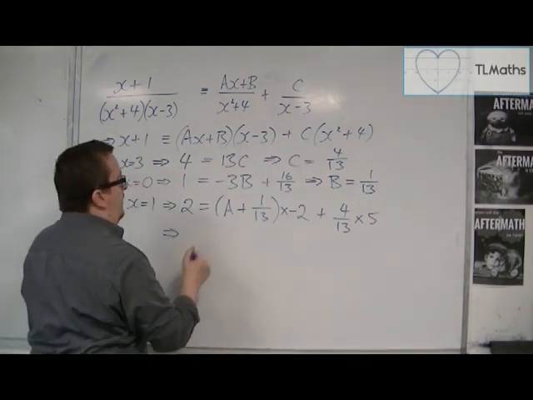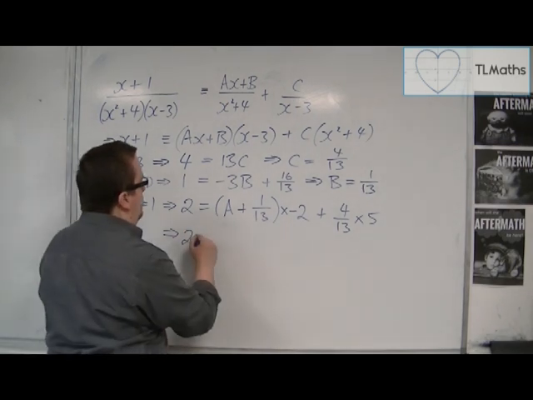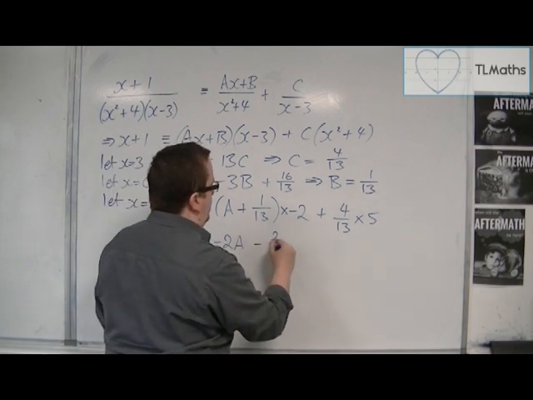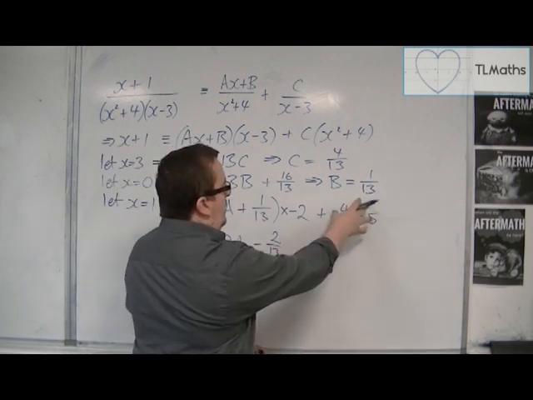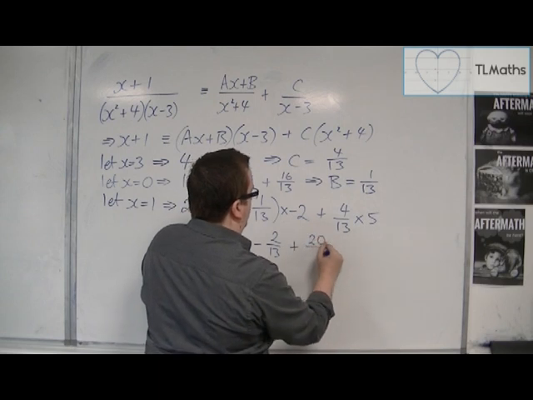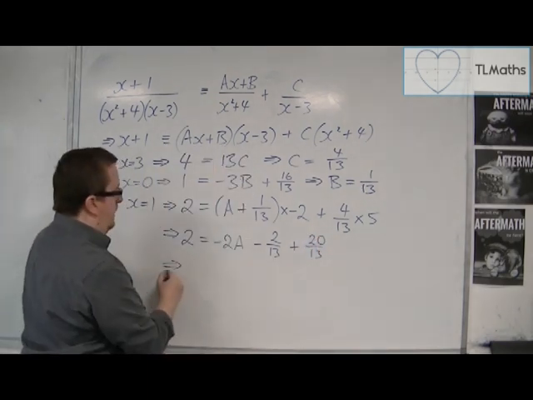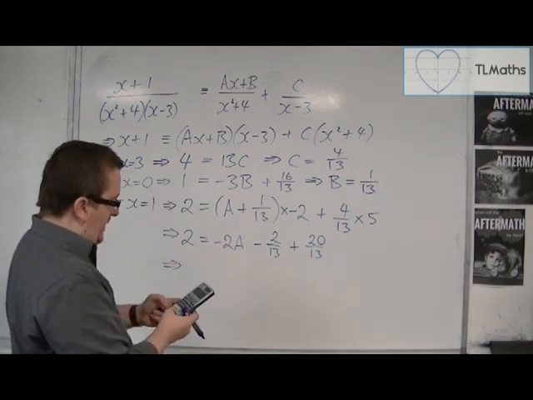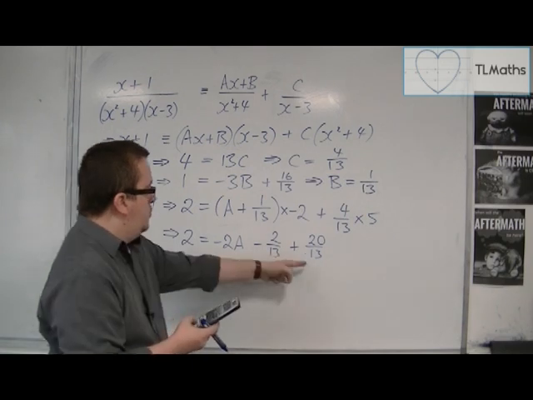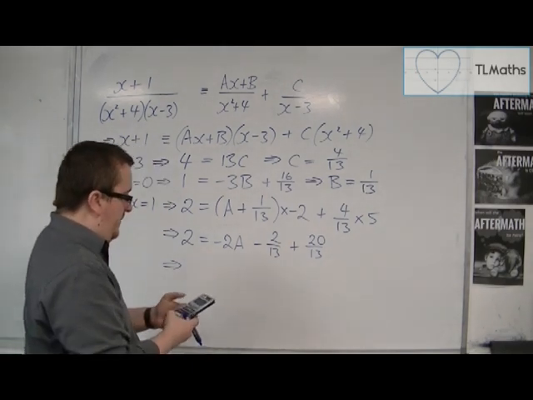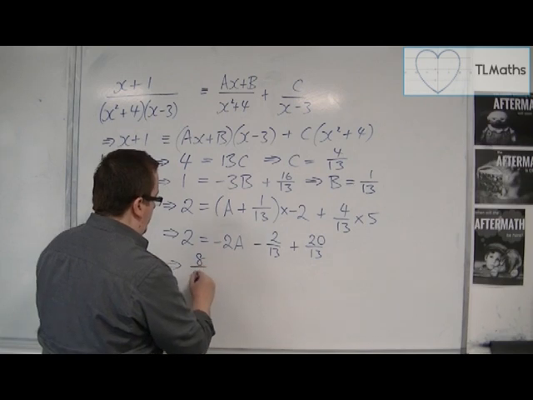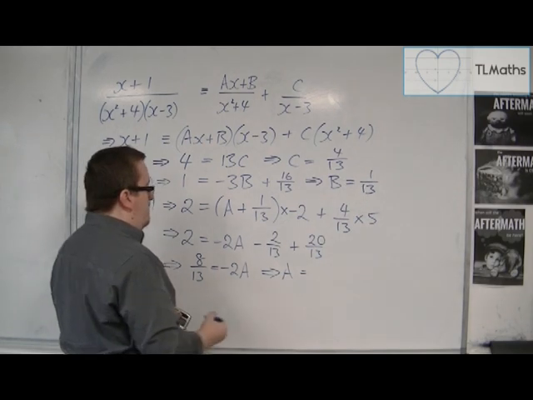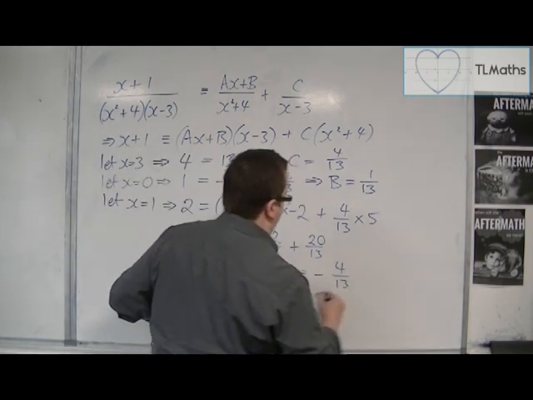So let's simplify this, okay? We're going to have 2 is equal to minus 2a, minus 2 thirteenths, then we've got 20 over 13 there. So let's say 2, then add 2 thirteenths to both sides, and then take 20 over 13 from both sides, and that gets me 8 over 13 is equal to minus 2a, and so a would have to be minus 4 thirteenths.